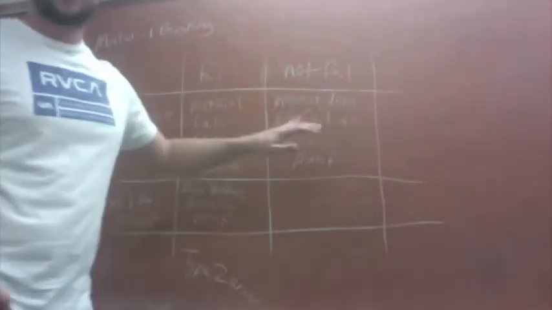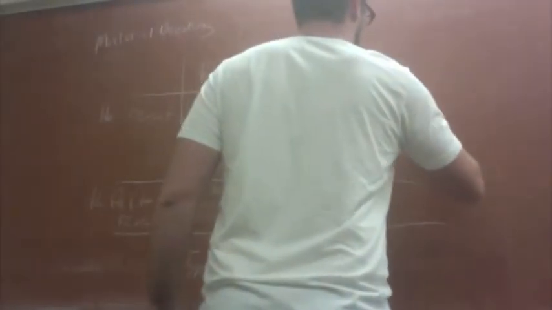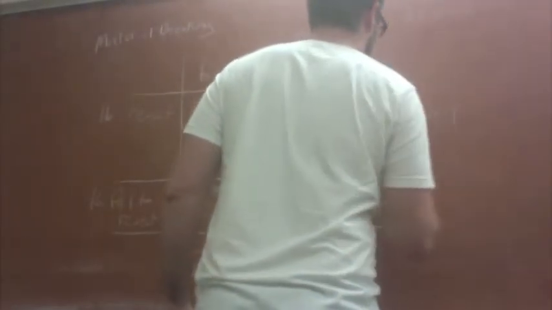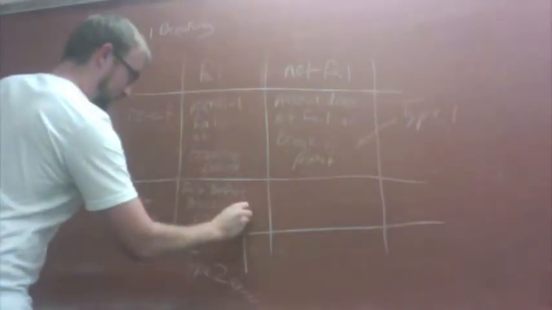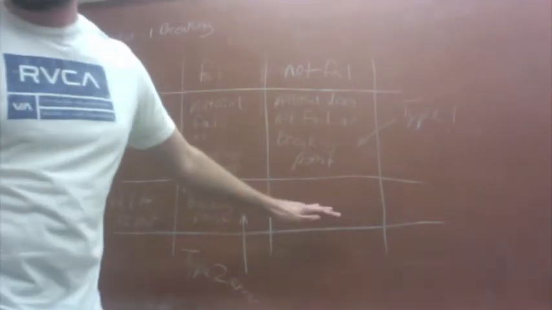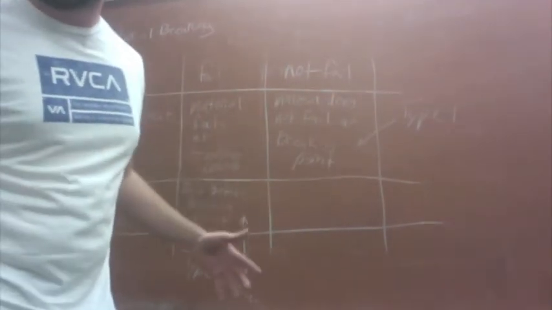And this right here is our type 1 error. And the other point that we're going to have down here is the material does not fail before the breaking point.